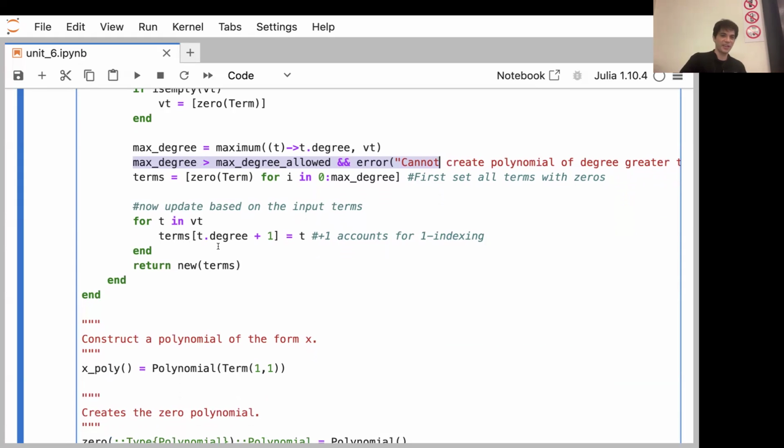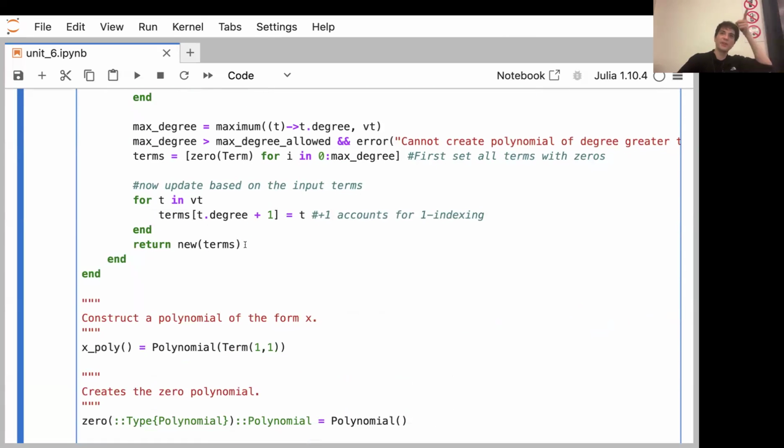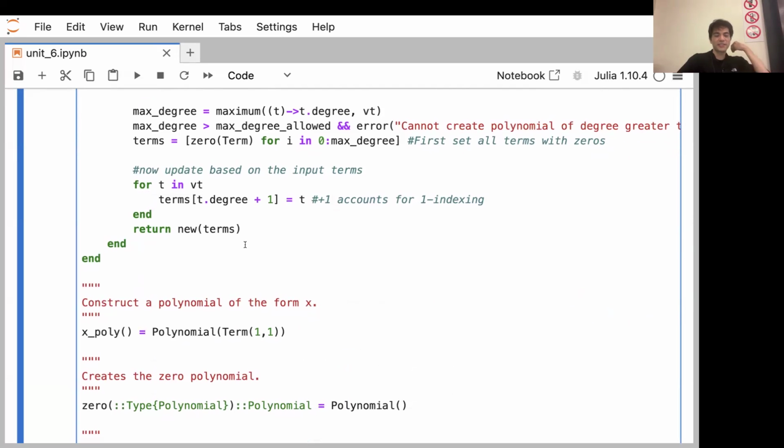Yes, so this now is making sure that we're doing the insertions. This is creating a new vector of all zeros. This is now taking the vector that we brought in and actually putting the terms into their appropriate positions in the vector. Okay, so this now begs the question.